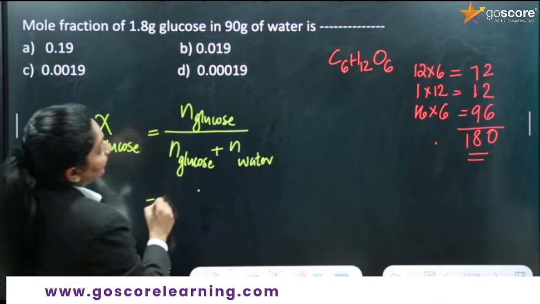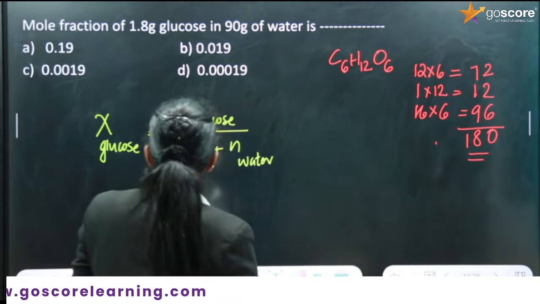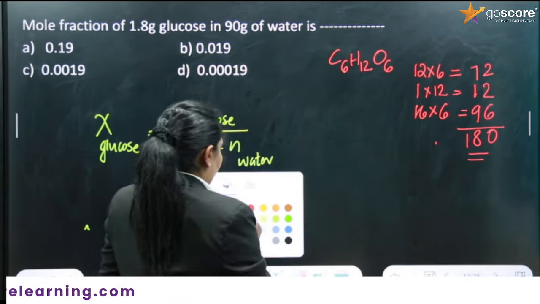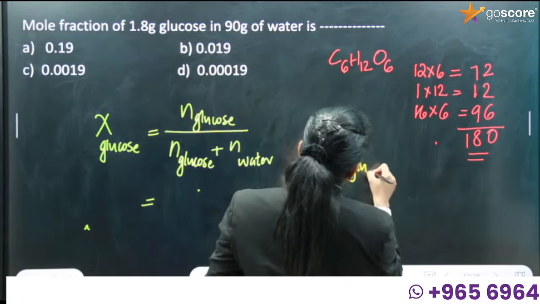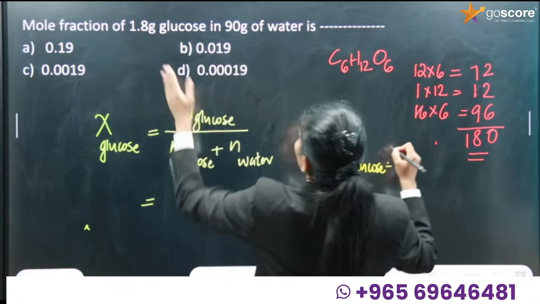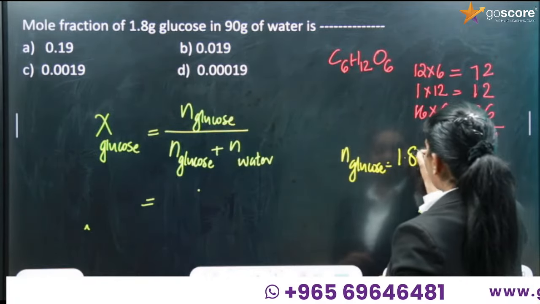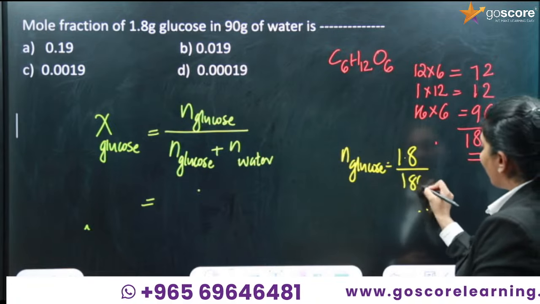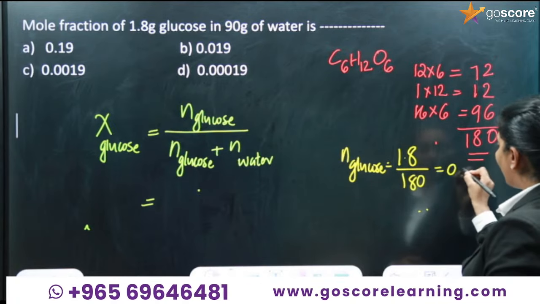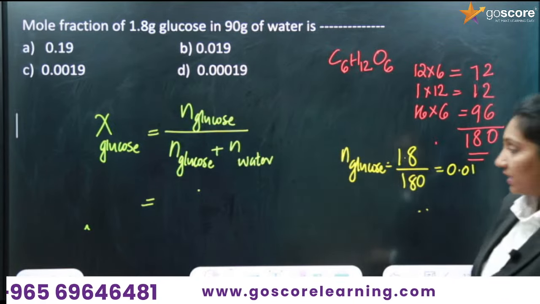The number of moles of glucose is the given mass 1.8 divided by 180, that is 0.01. Isn't it?